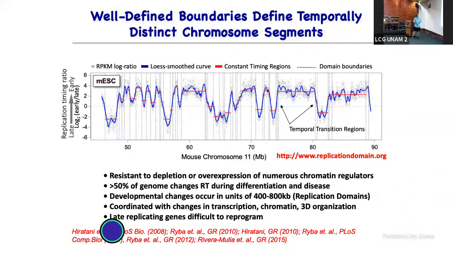As probably all of you know from textbooks, these changes are coordinated with changes in transcription, chromatin, and 3D organization. We showed that back in 2010. By this I mean late replicating genes are difficult to reprogram. When you make induced pluripotent stem cells from fibroblasts, you get lots of colonies.